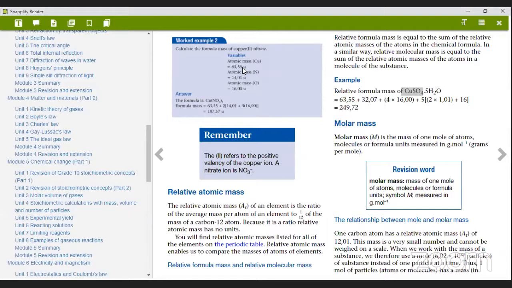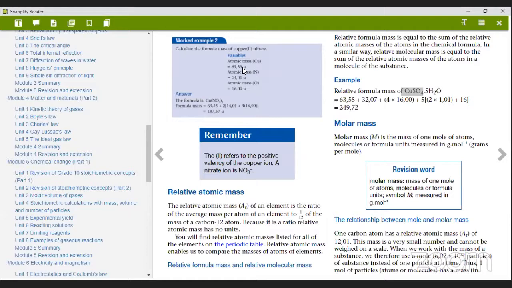So as you can see there, they say calculate the formula mass, which is the molecular mass, not the molar mass, the molecular mass. Basically, they want to know in that molecule how much is the mass of the copper nitrate. So what we know is that it's always the sum of each individual element.